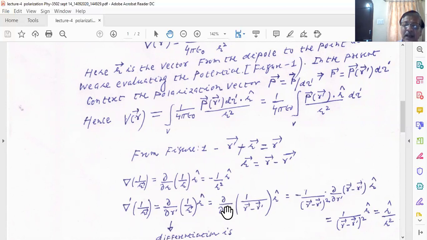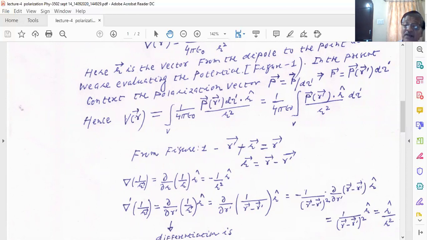So del by del r prime of 1 upon r minus r prime is minus 1 upon r minus r prime squared and del by del r prime of r minus r prime. So del by del r prime operating on r is 0, but del by del r prime operating on minus r prime is minus 1. So minus 1 into minus gives you plus.